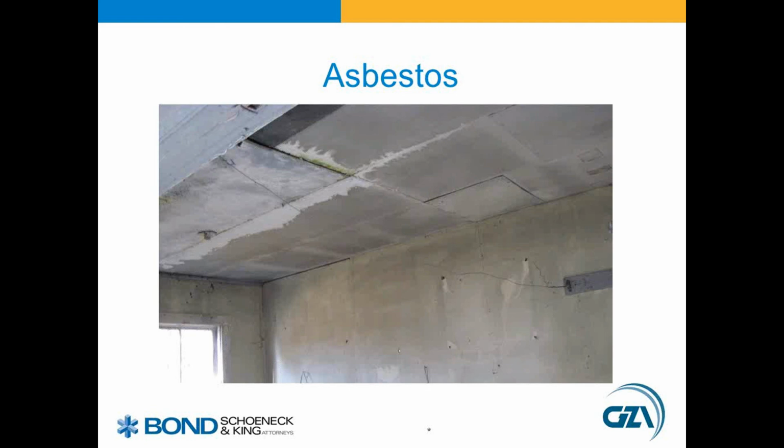And as has been noted, when you want to do renovation, then you're into issues under the New York State Department of Labor, where you have to have licensed contractors to do the surveying, the monitoring, and the abatement itself. There are notices that need to be given. There are standards that, in fact, need to be met.